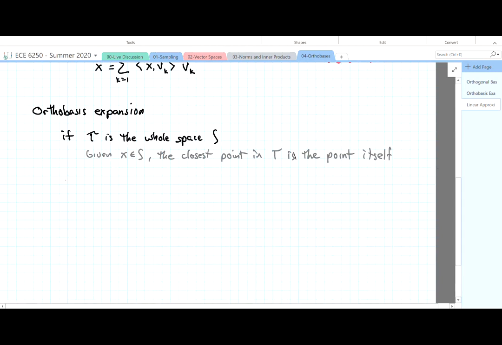That is, some vector x, I'll be careful with my vector notation right now, is equal to the sum over the entire basis.